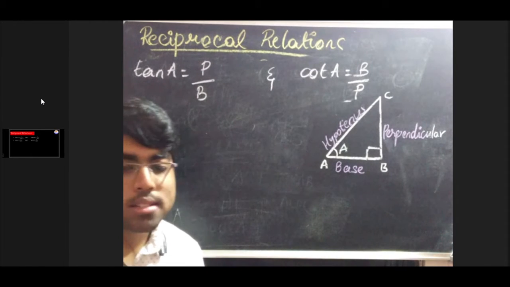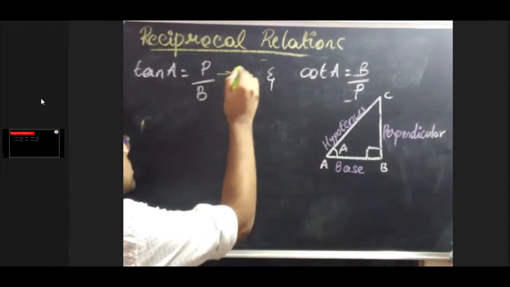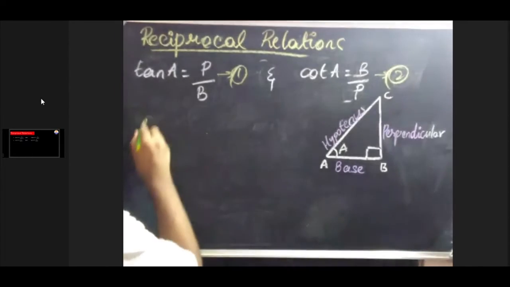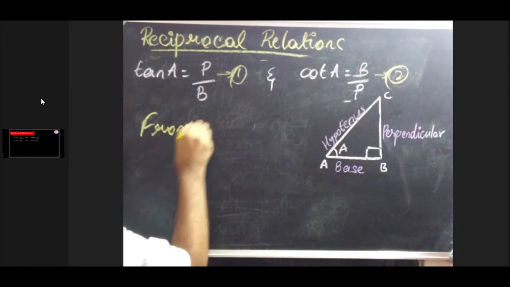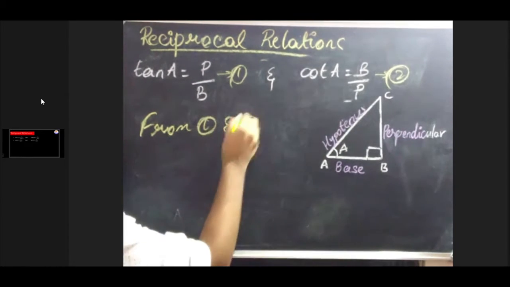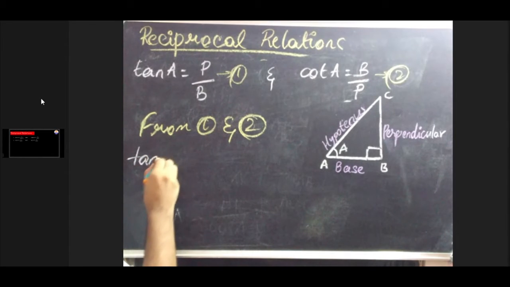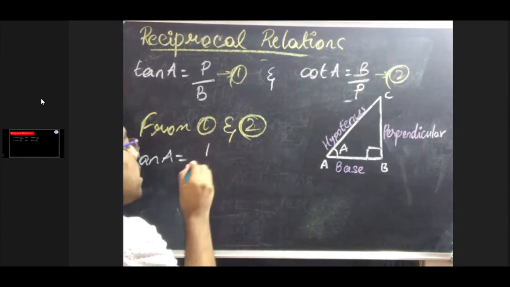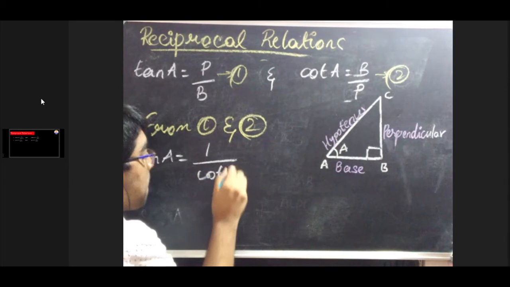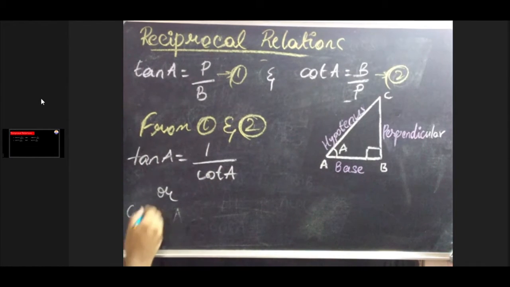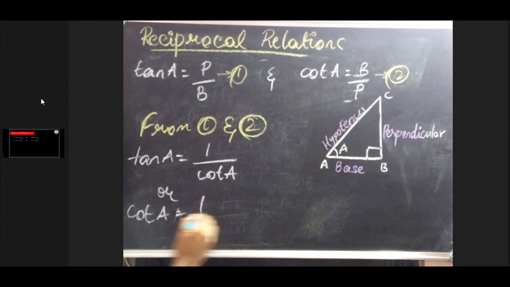Yes, they are reciprocals, and we will consider this as equation 1 and equation 2. Let's say from 1 and 2, tan A can also be written as 1 by cot A, or the other way around, cot A can be written as 1 by tan A.